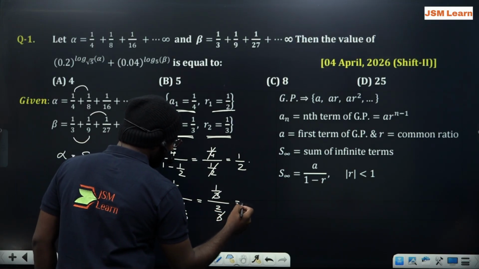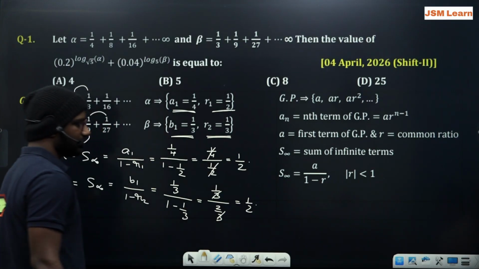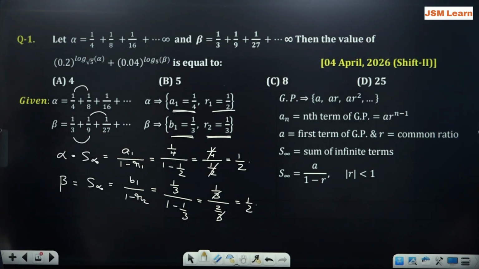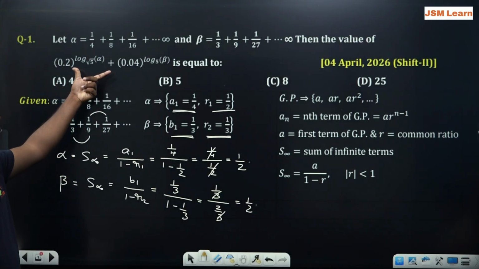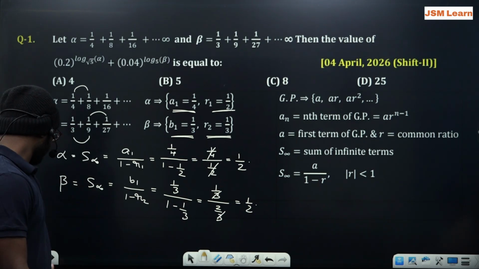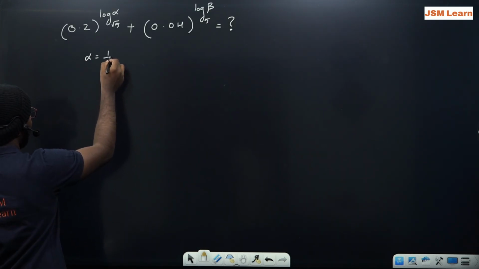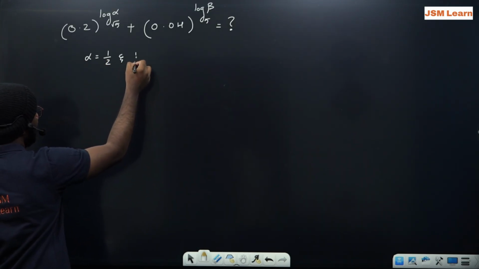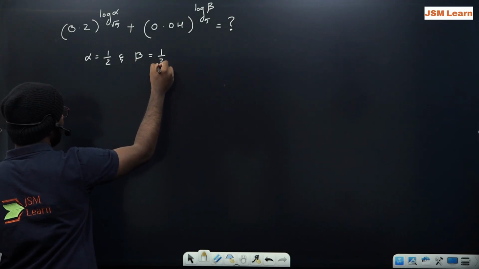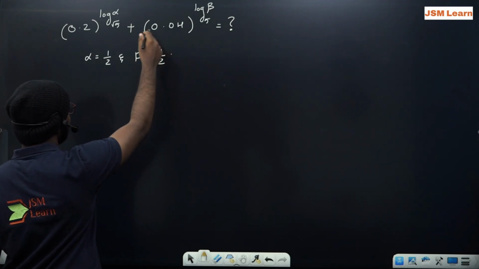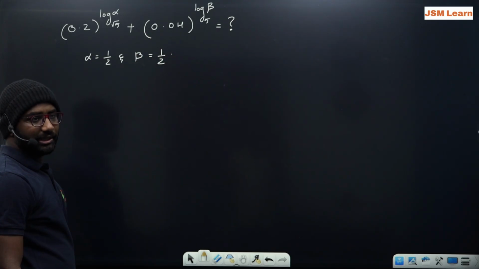So we get the beta value equals 1 by 2. We found that alpha is 1 by 2 and beta is 1 by 2. Now we are going to substitute these values in the given expression.